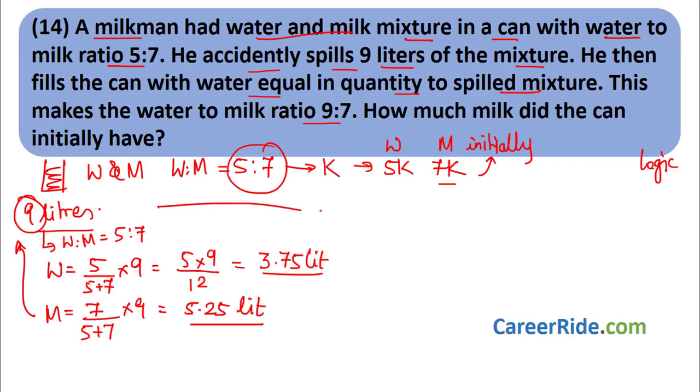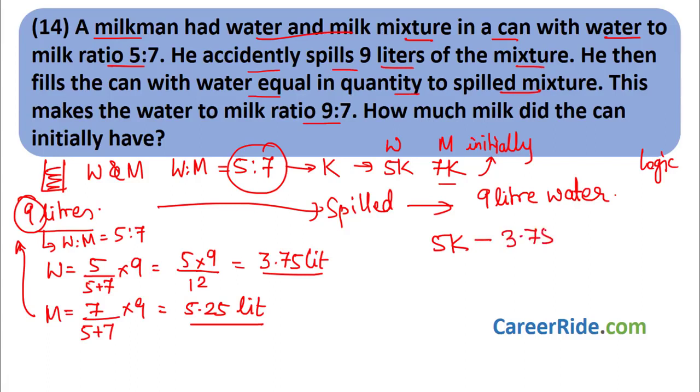So what does the milkman do? 9 liters is spilt, so 9 liters is lost. So he fills the same amount of water. That means if 9 liters of solution is removed, he will fill 9 liters of water into it. So how much is now the final amount of water? Initially the amount of water was 5K, then 3.75 liters gets removed.